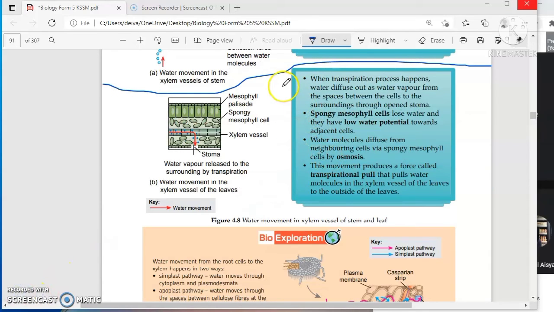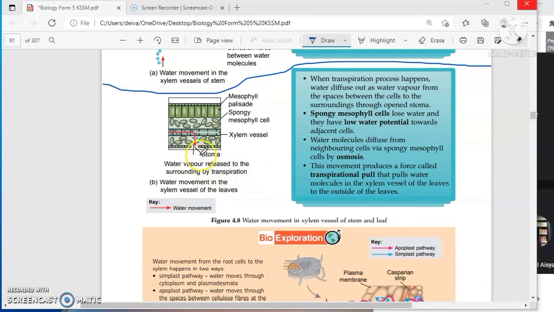Okay, this is transpiration. We see what happened here. As we know, these are the palisade mesophyll cells arranged tightly together. These are spongy mesophyll cells arranged loosely like this. This is the xylem vessel. Okay, what happened here? The water vapor will be released by transpiration.